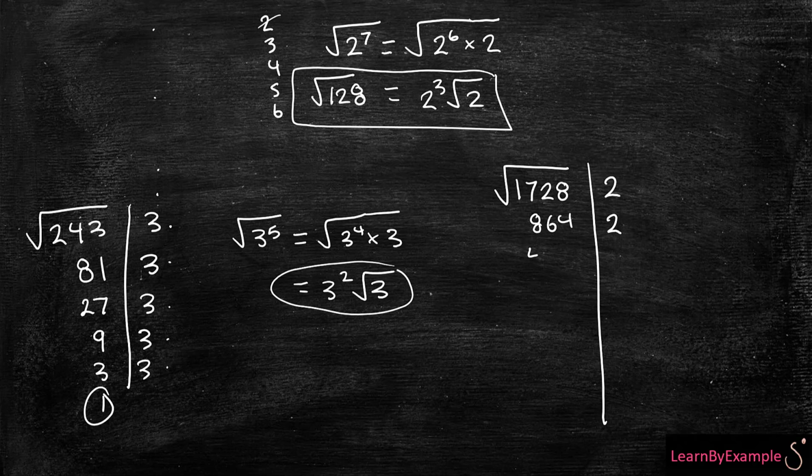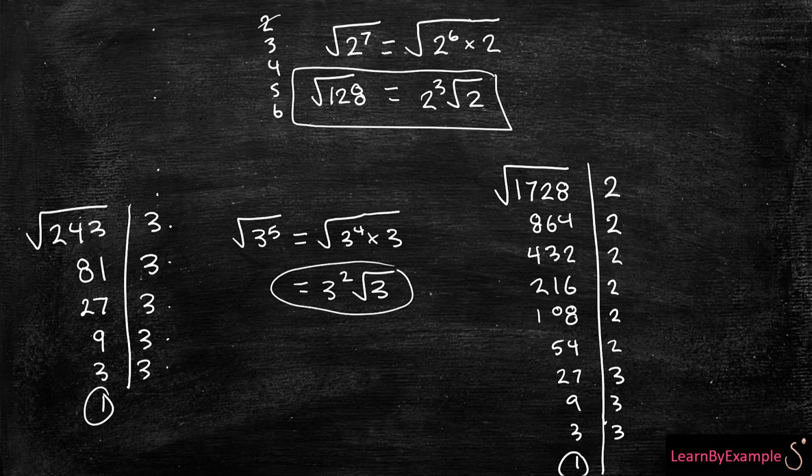Divide by 2, 432, 216, 108, 54, 27. Now we can't divide that by 2, so we'll go to the next number, which is 3, which is 9, 3, which is 3, 3, and 1.